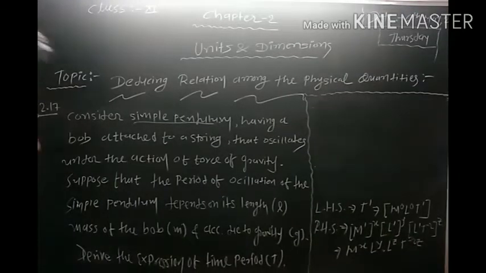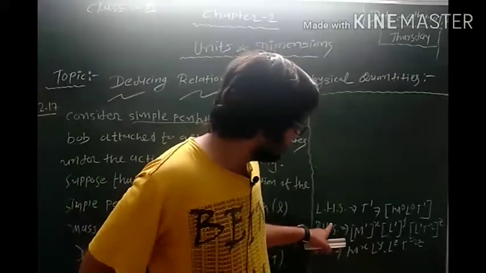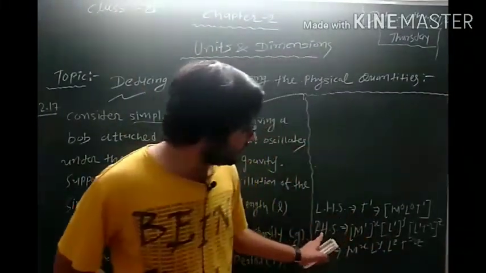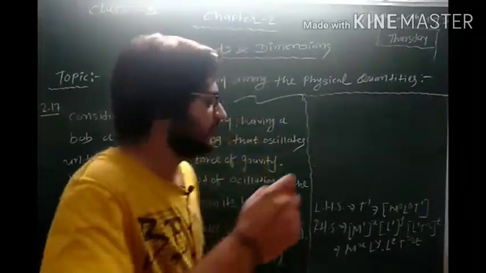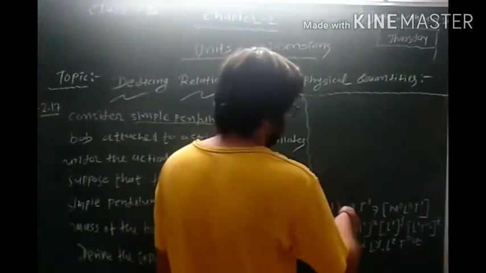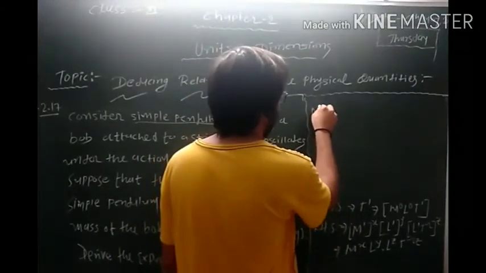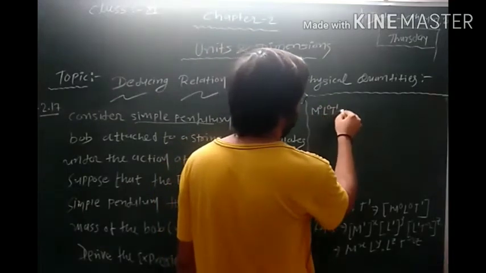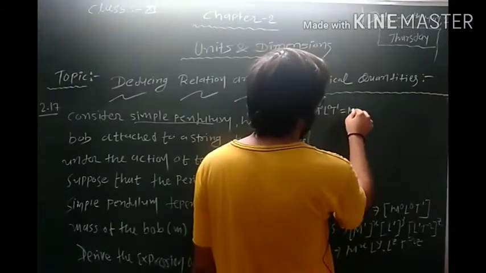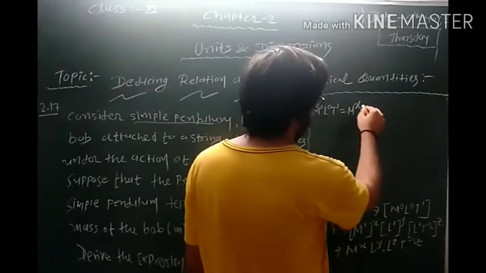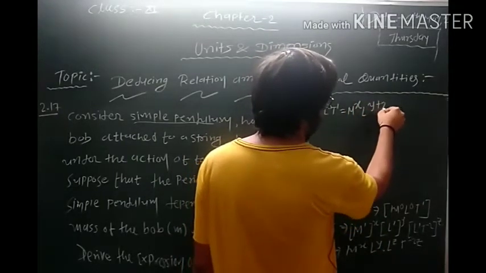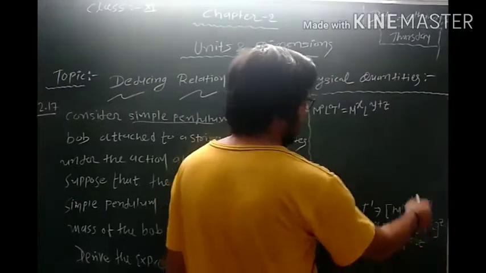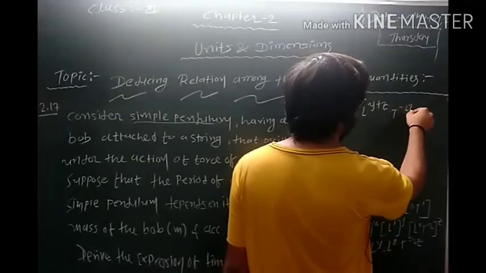Now students, here we compare the exponents or powers of the left hand side and right hand side dimensional formulas. First of all, the left hand side is M raised to 0, L raised to 0, T raised to 1, and the right hand side combined we can write M raised to x, L raised to y plus z. Here we are applying the law of multiplication. And T raised to minus 2z.